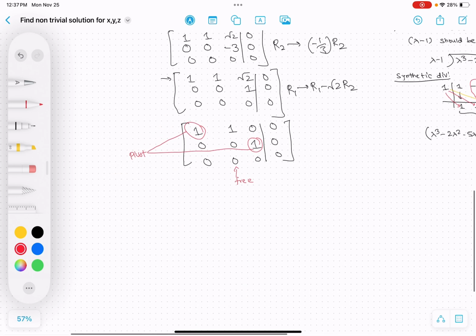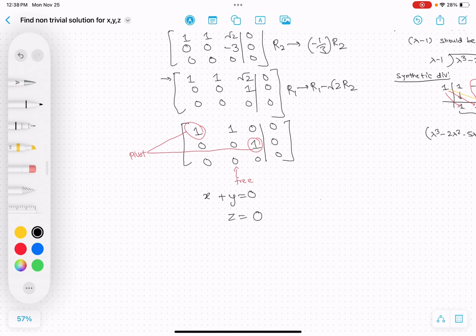So now if we write it back, I will just get x plus y is 0, and we also get z is equal to 0, right? Okay, now over here notice that y was the one which was free, right?